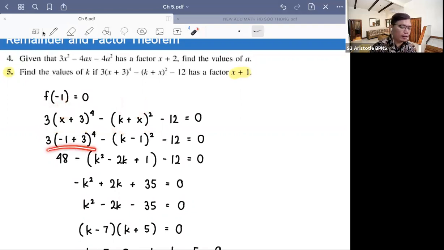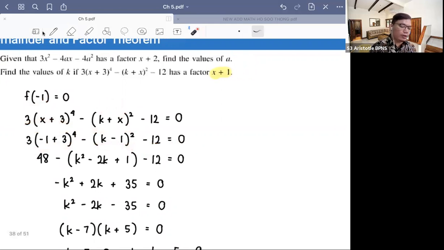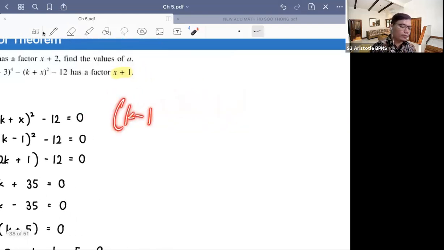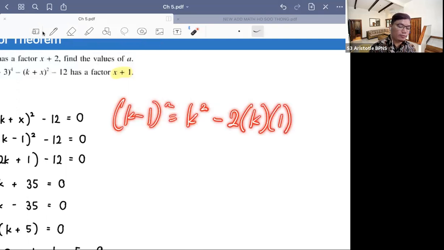So it becomes this. All right, so when you evaluate this in your calculator, this is 48 minus, how do you expand k minus 1 squared? So k minus 1 squared is equal to the square of the first term, minus twice the product of the first and the second term, so that's 2 times k times 1, and then the square of the second term.